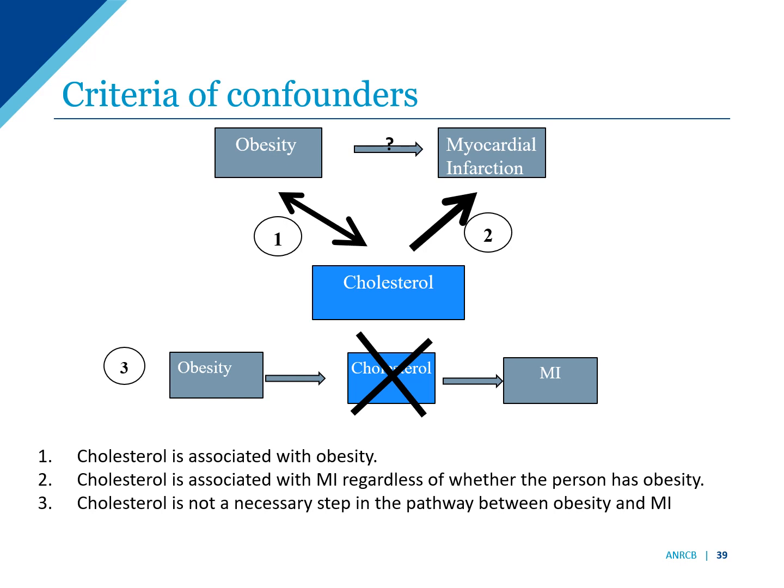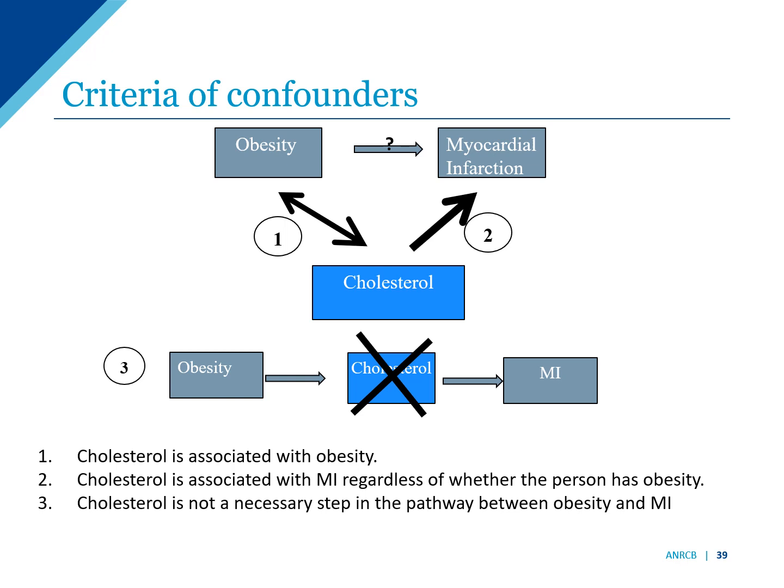Here is an example of the relationship between obesity and myocardial infarction, MI, or heart attack, and the role of cholesterol as a confounder. We know that obesity can be associated with cholesterol, primarily that those with obesity may have higher cholesterol levels.